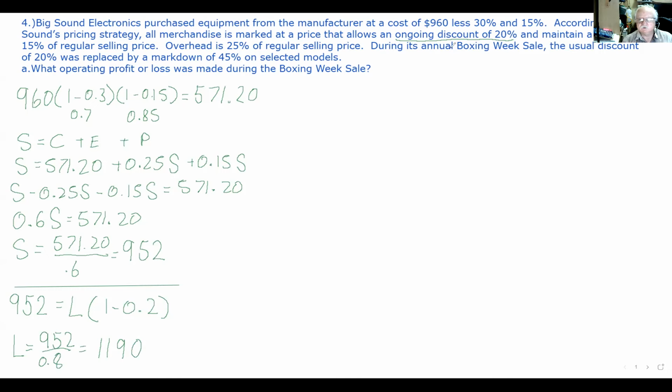So during its annual Boxing Week sale, the usual discount of 20% was replaced by a markdown of 45%.